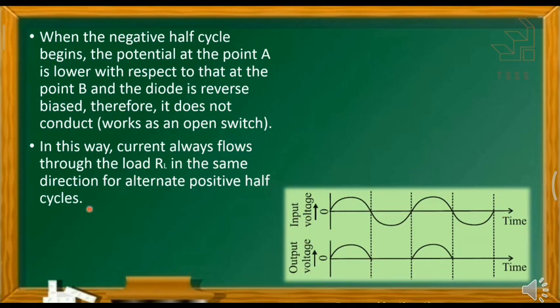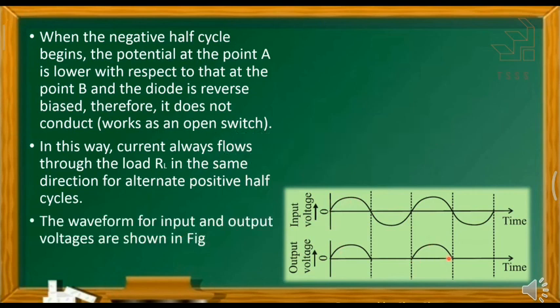In this way, current always flows through the load RL in the same direction for alternate positive half cycles. The waveforms for input and output voltage are shown in the figure.